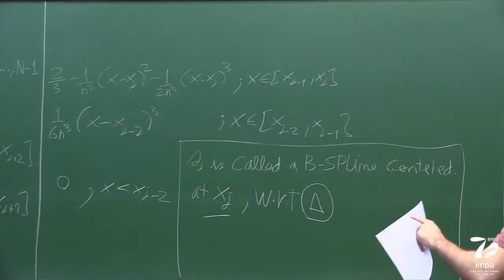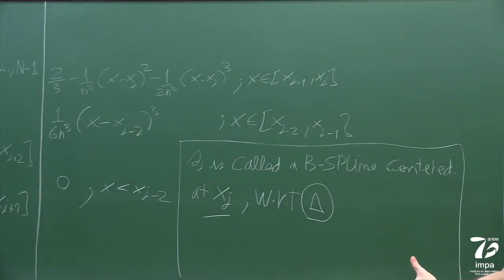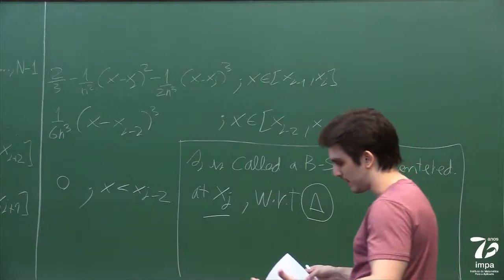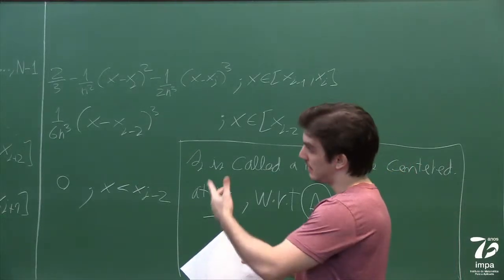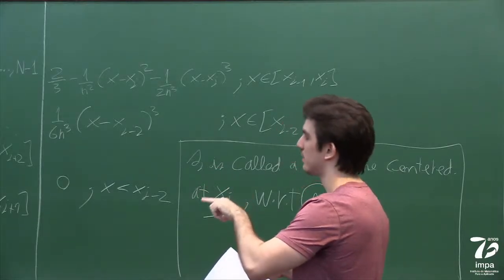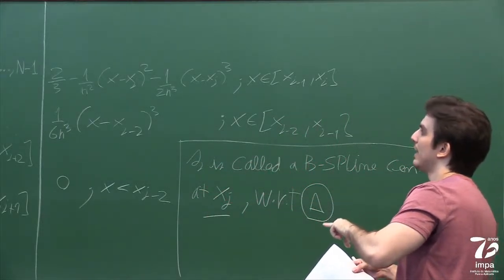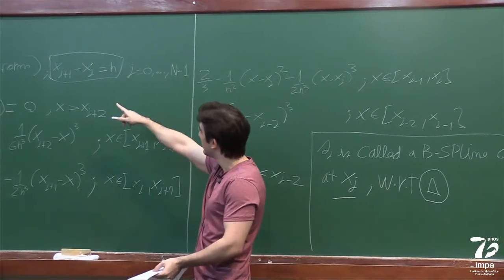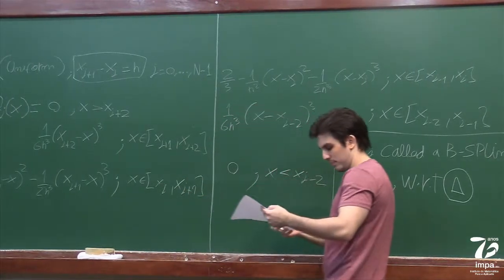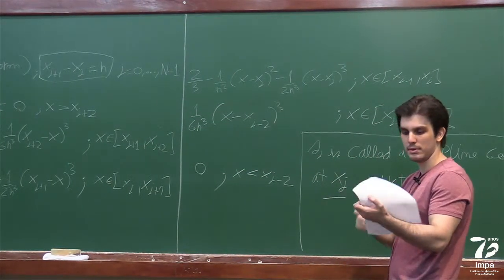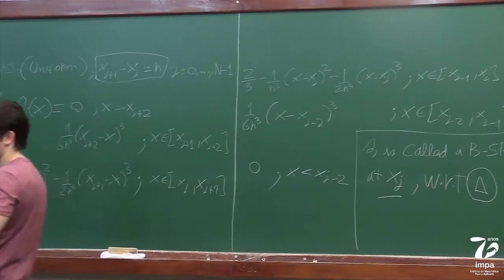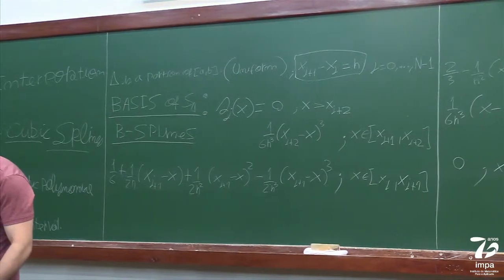Now we want to show that this is a basis, but we can't, actually, because it's not. For this to be a basis, we have to increase this set of sj's with 2 extra B-splines at the boundary of our interval, at the points xn and x0. Then we have a space big enough for it to be a basis of S delta.